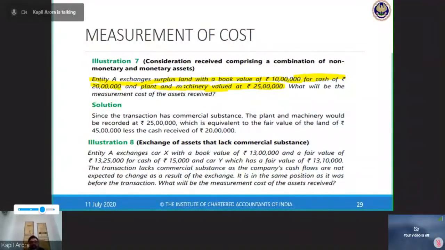So what we have done is I have given land and I have got 20 lakhs and plant and machinery which is having a value of 25 lakhs.